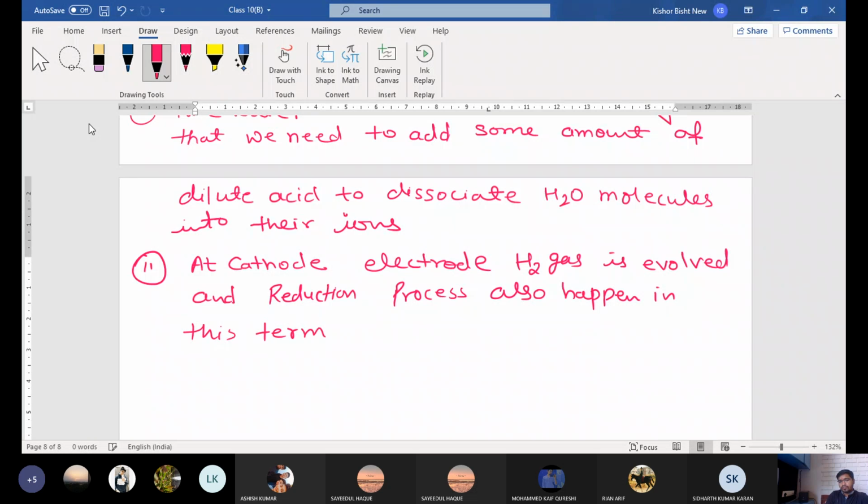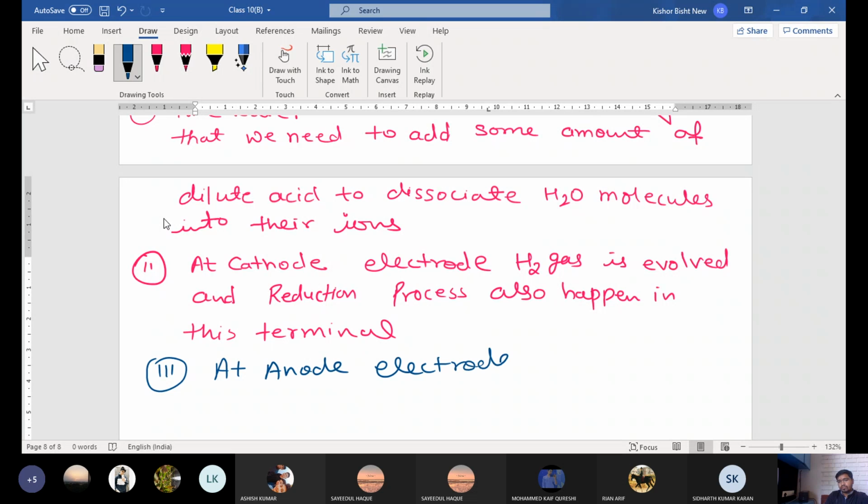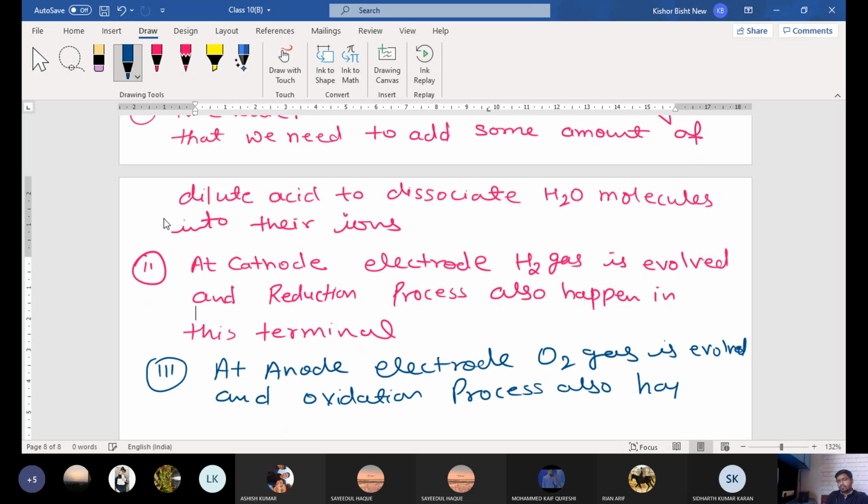Now the third observation is that at the anode electrode, oxygen gas is evolved and the oxidation process also happens in this terminal.